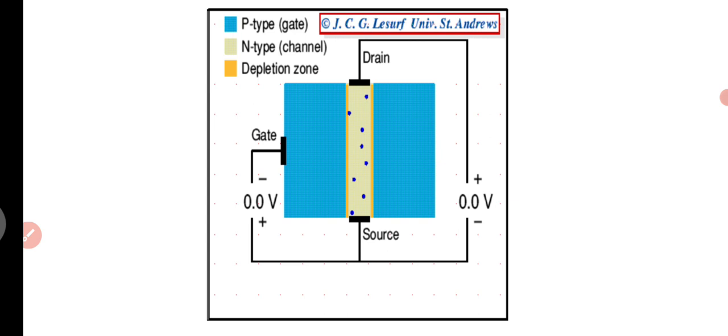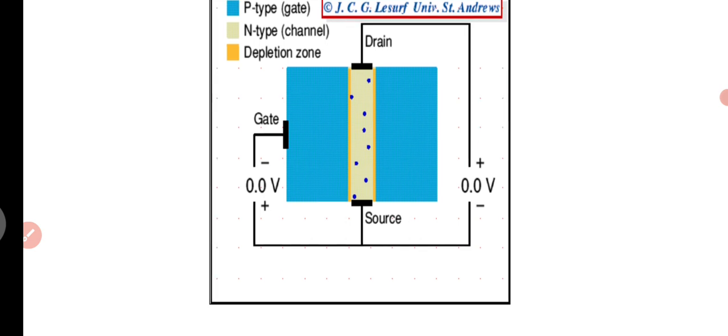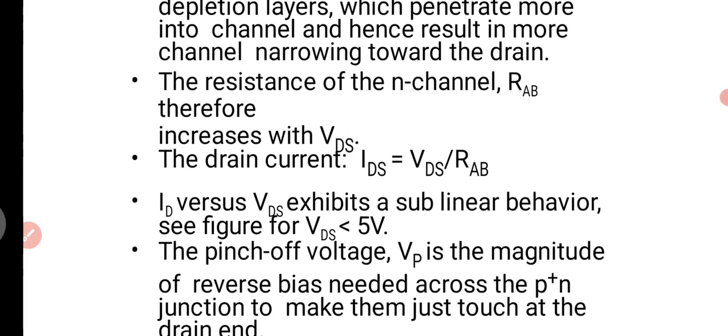After the pinch off voltage, when we are increasing the VDS, the maximum current is maintained as a constant. So this constant region will be called as saturation region. When there is a linear increment between VDS and ID, it is called as ohmic region. This is about the N channel.